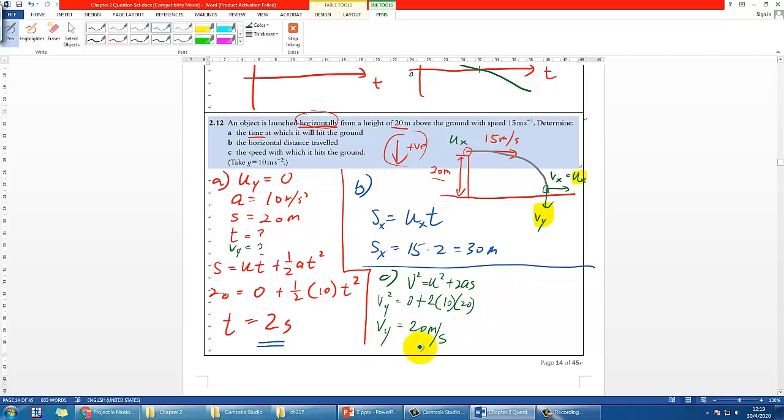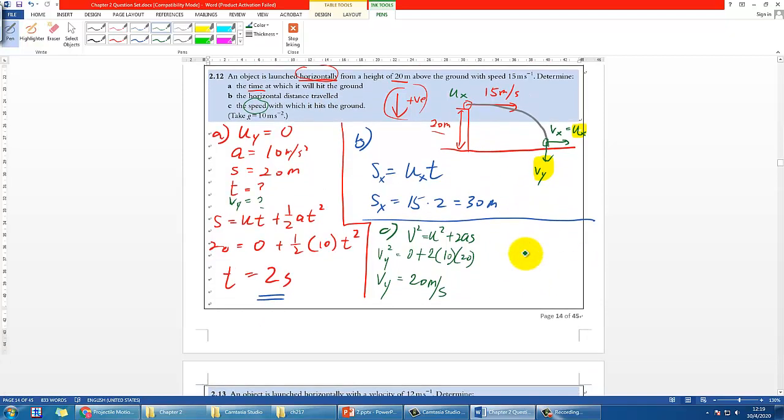But we should not stop here, because it says speed, and that should combine both horizontal and vertical components when it hits the ground. According to what you should have learned in maths on vectors, when combining two vectors, imagine this is the vector, one is 15, not to scale, the other one is 20, and I want to find this slanted, combined resultant vector.